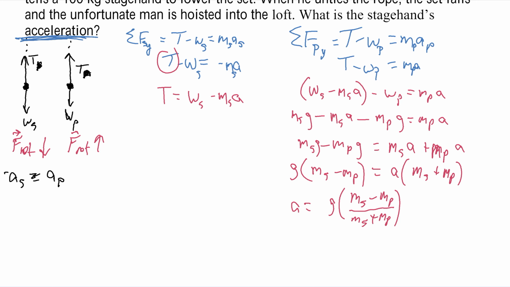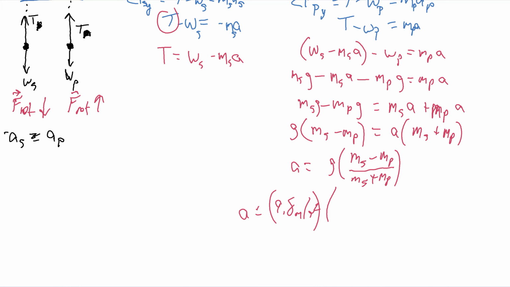We have acceleration equals 9.8 meters per second squared times, what is the mass of the set? 200 kilograms. What is the mass of the person? 100 kilograms. And then divided by 200 kilograms again, plus 100 kilograms. We can do the parentheses in our heads. The kilograms are going to divide out, so we have 100 on top over 300 on the bottom.